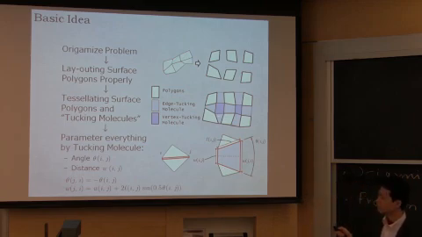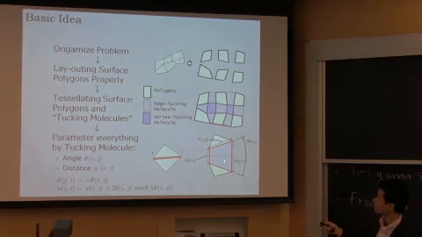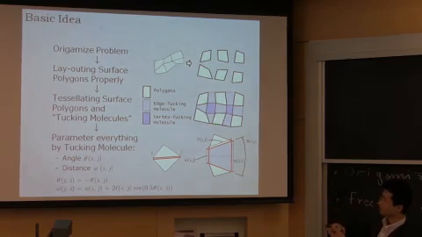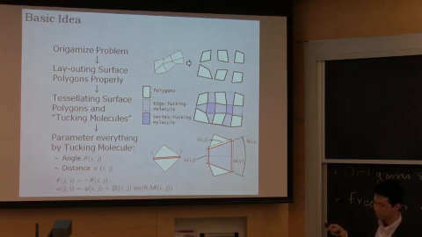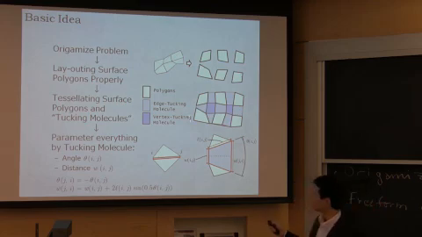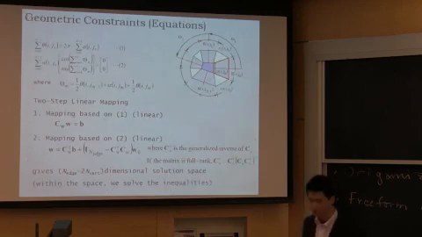And by properly aligning, we can get the edge tucking molecule that folds edge to edge, and the vertex tucking molecule which folds vertices to vertex, and we can pack them and tessellate the surface with these elements. And we can parameterize this configuration, and we can solve it by solving nonlinear equation and inequality conditions. So that's the basic idea.